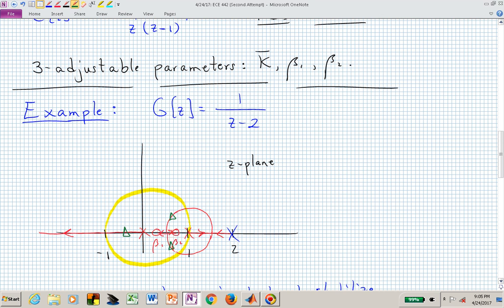and that will be for a particular value, which I'm going to maybe in today's class be calling the Goldilocks value of our gain k bar, but we will be having a smaller value of gain k that will produce a stable system, meaning what's the gain to get us right at the boundary of our unit circle and still keep that third pole on the negative real line inside the unit circle.